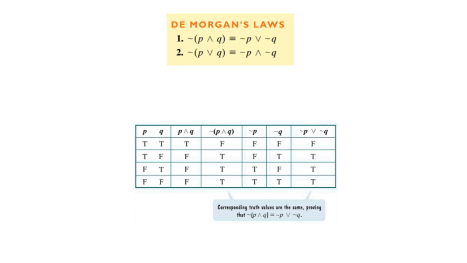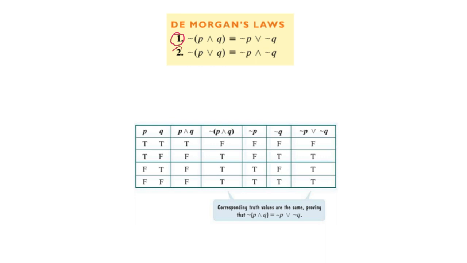DeMorgan's laws is addressing the negation of a conjunction and a negation of a disjunction. So if you're taking the negation of a conjunction, this is number 1 up here, it changes to a not P or not Q. So notice that the symbol changes from a rooftop to a V, from an and to an or, and you take the negation of each of the statements inside the parentheses.